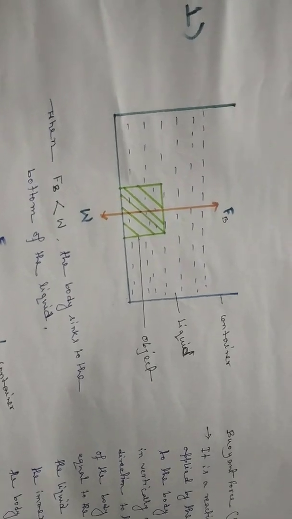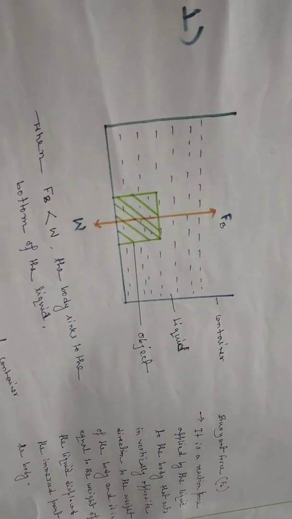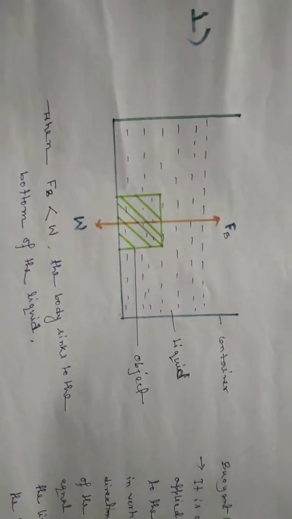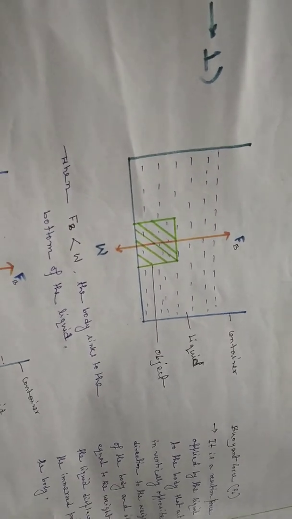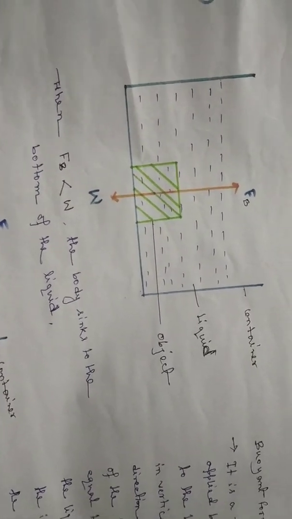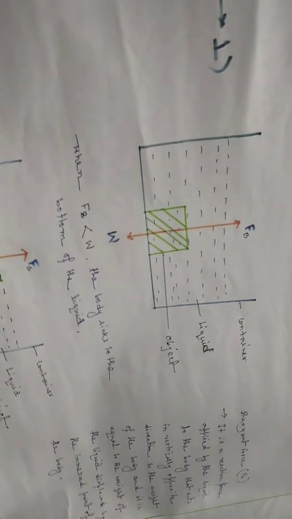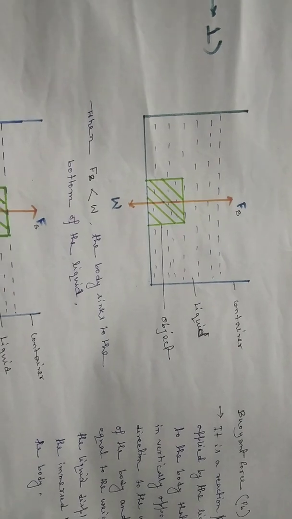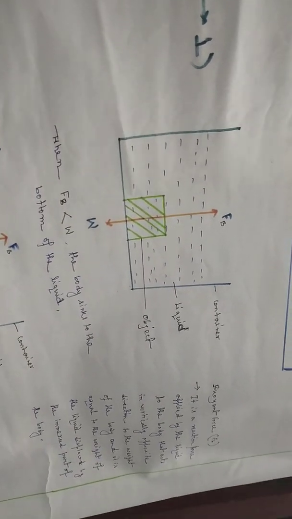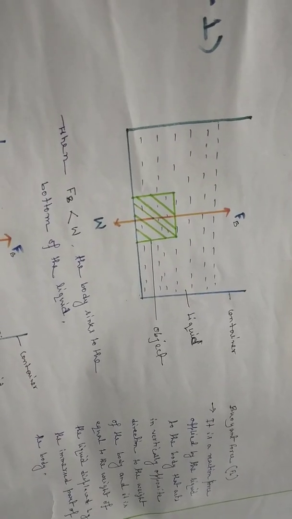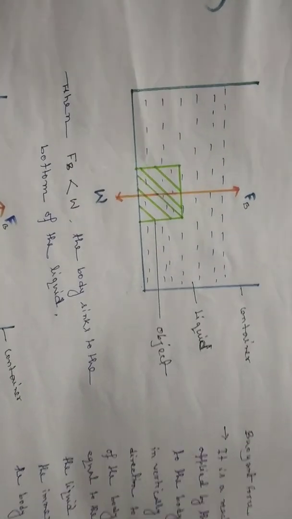Suppose you immerse a 60 kg object into a liquid, and after immersing it, the weight of the object becomes 40 kg. That means it loses 20 kg. Now if you measure the weight of the liquid displaced by the immersed part of that object, it will be 20 kg.